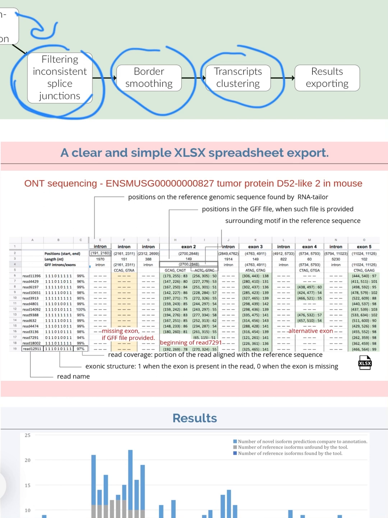So here on the left, we can see each line corresponds to a read name. And here each colored column corresponds to a segment of the read aligned on the reference sequence of the gene.